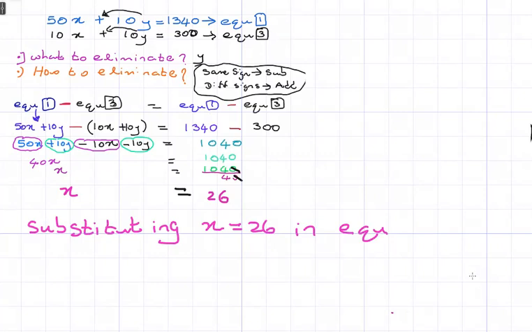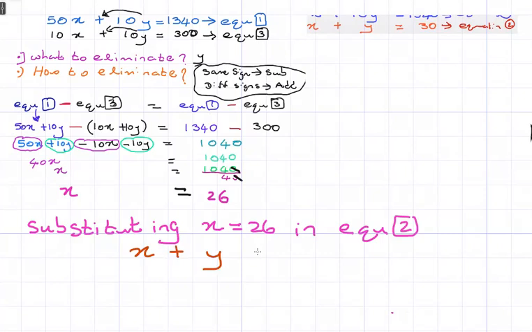What is easier? I feel the second one is easier. So shall we bring the second one? What's equation 2? Equation 2, what we had initially, that is x plus y equals 30. Now, why did I pick equation 2? Because the coefficients of the letters are small there. But it's not a must. Up to you. You can substitute into any of the equations, 1, 3, or 2, right?